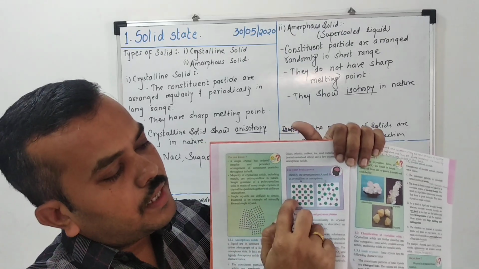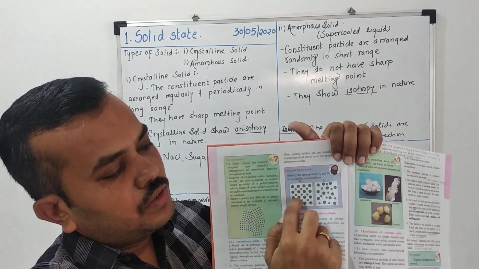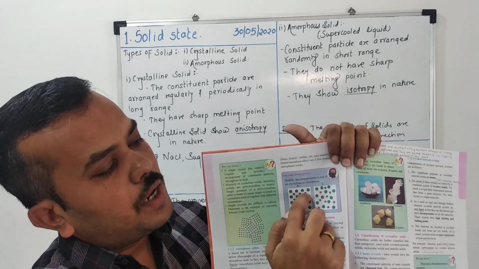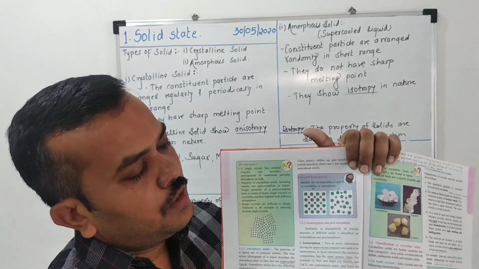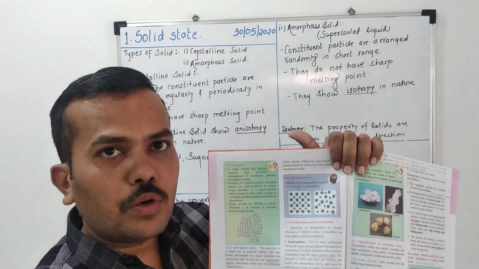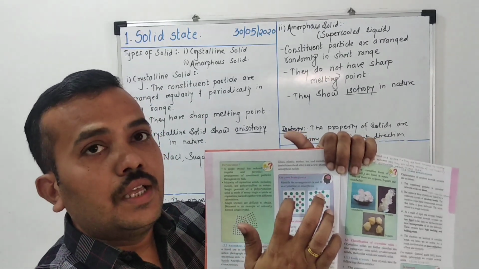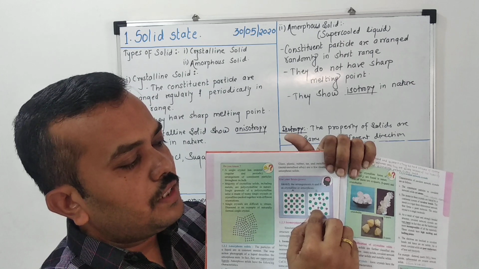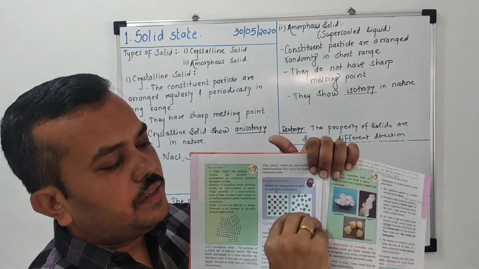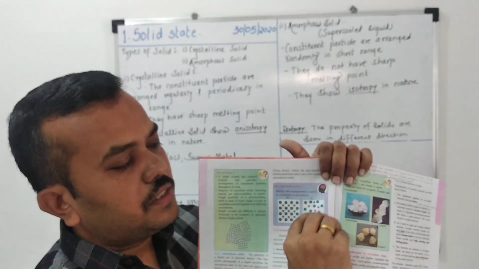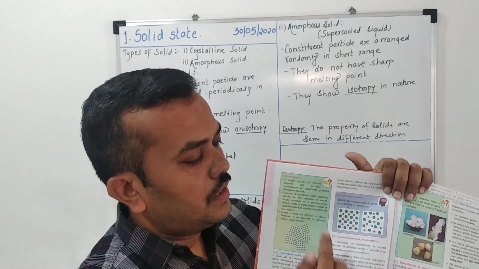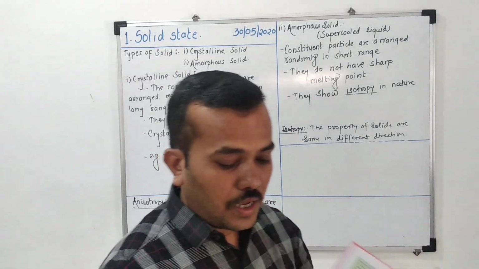If you go by this direction, only green dots show another property. If you go by this direction, only purple dots give another property. If you go by these directions, green and purple give another property. That shows anisotropy. But in the other, if you go by any direction, all the particles are obtained in that path. Therefore, it shows the same property. That's called anisotropy, and that's called isotropy.